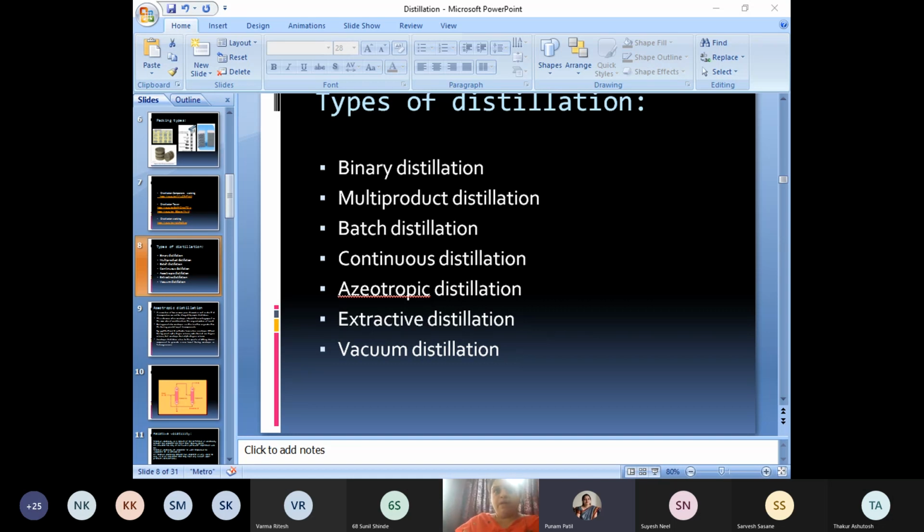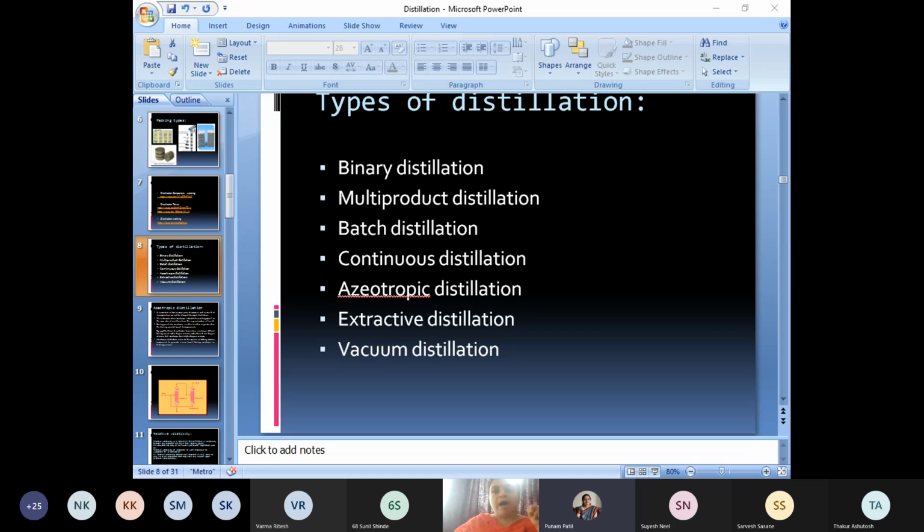So what is required in such a case, you need to add an entrainer in the distillation column. What that entrainer or third component will do is form a heterogeneous mixture with that azeotrope, and it lowers the boiling point of one of the feed components. A and B had some proportion, both had different boiling points, but a particular mixing of A and B formed an azeotrope. Because of the azeotrope, the boiling points of both components become the same. So the top vapor as well as the liquid contain the same proportion.